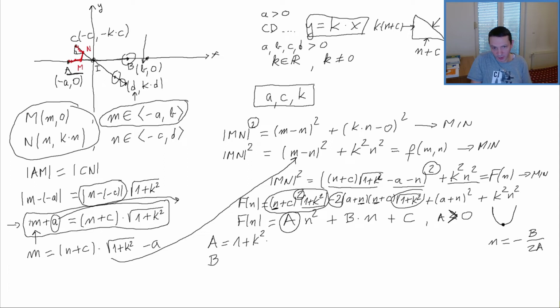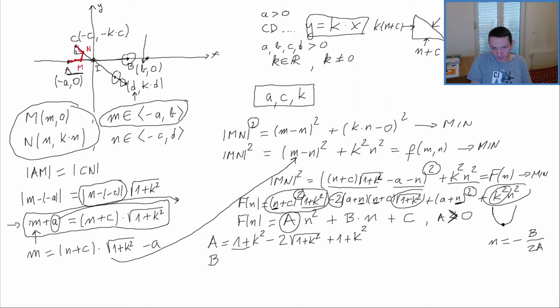So we also have minus 2 times the square root of 1 plus k squared in front of n squared. Also n squared will be obtained when we square this expression, so here we obtain simply 1. And in the last one we have coefficient k squared in front of n squared. So this is it.